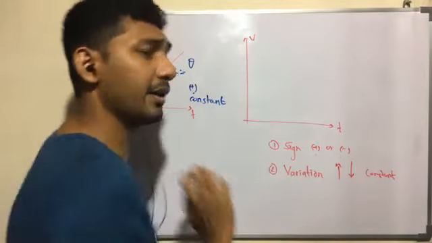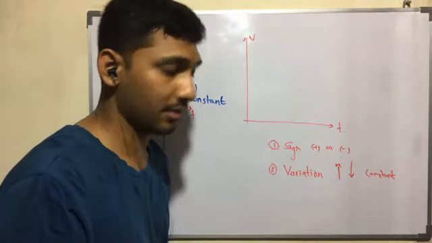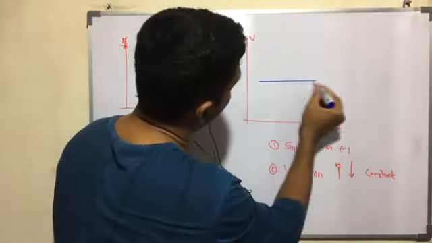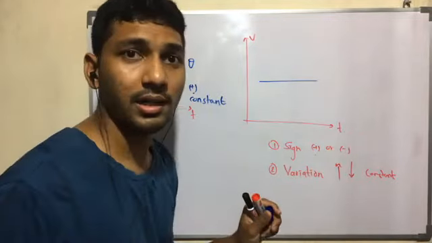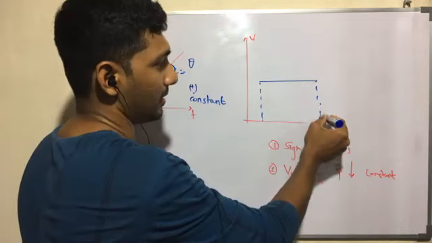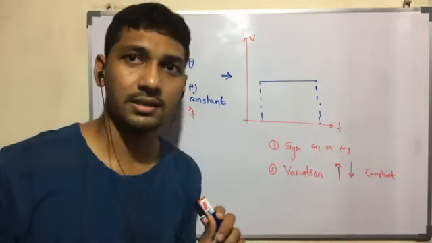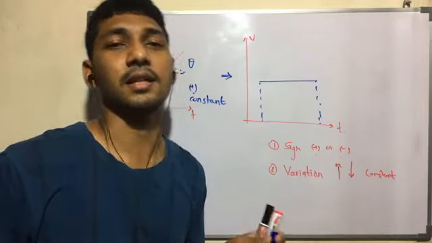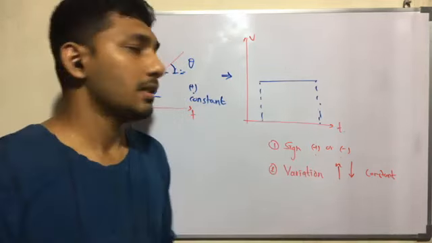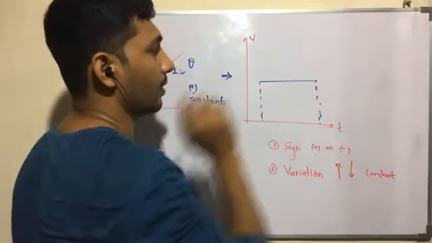So on the positive side of the graph, you draw a constant velocity. The velocity is not changing. This is how this conversion is done. The gradient is positive and constant, so it is drawn like this.